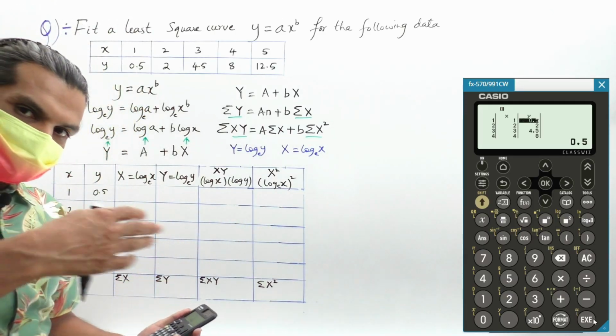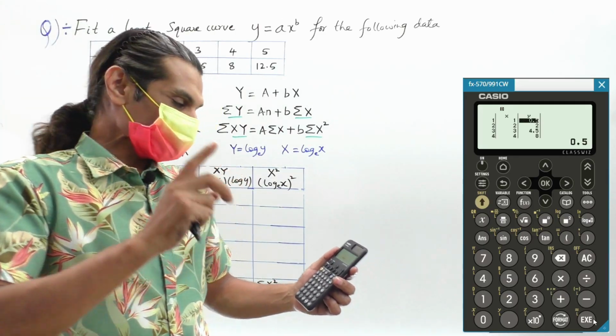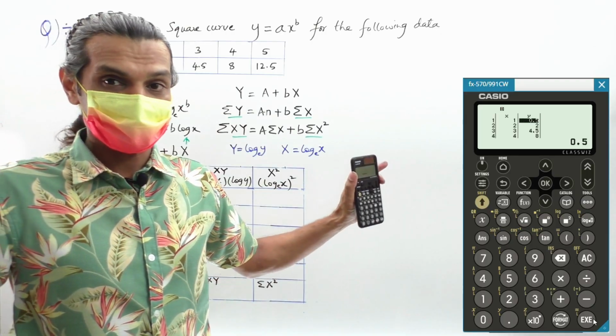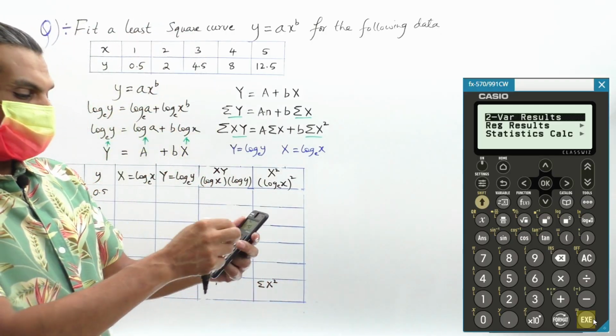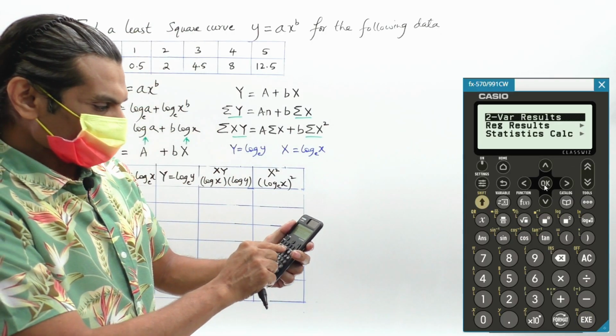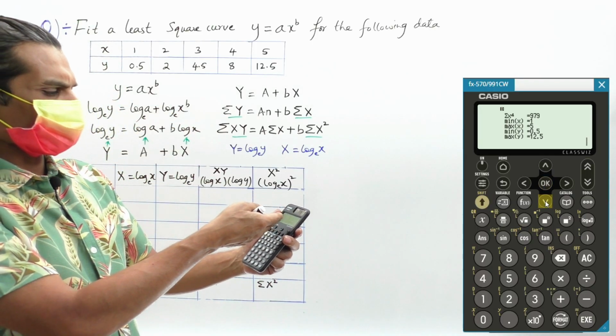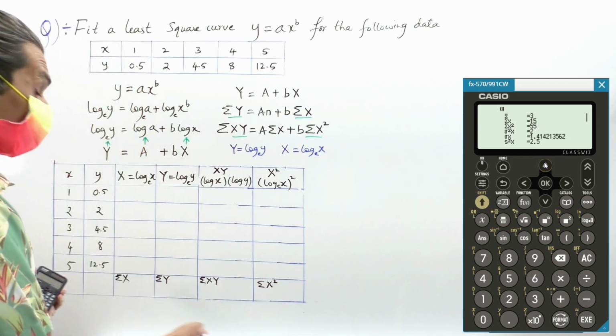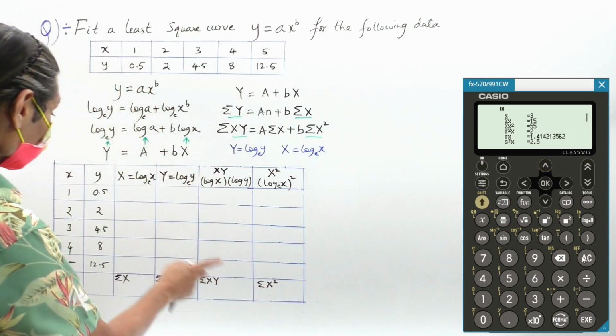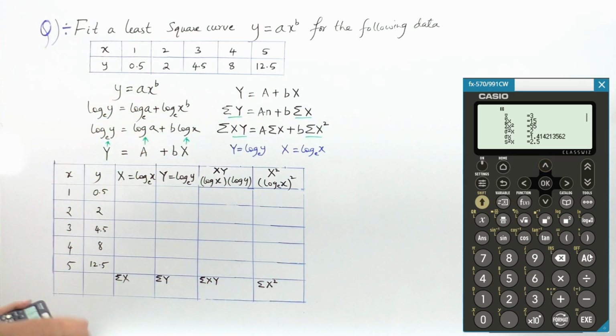Now what we used to do earlier? See, this thing entirely cannot be solved by the calculator. Please remember it. Why do I tell you? We used to press execute, then we used to go for two variable results. We used to get sigma x square, sigma x and so on. But those were for these values 1, 2, 3, 4, 5, small x and small y.